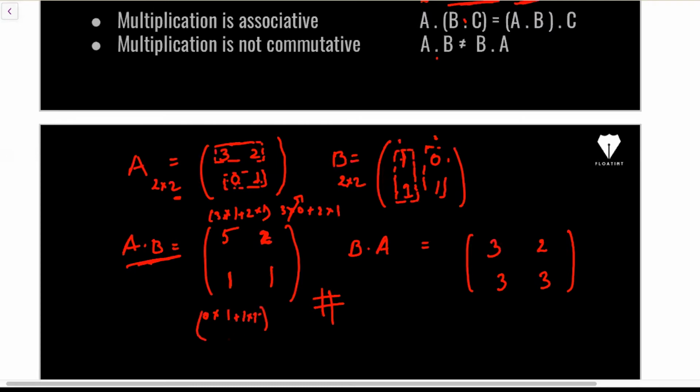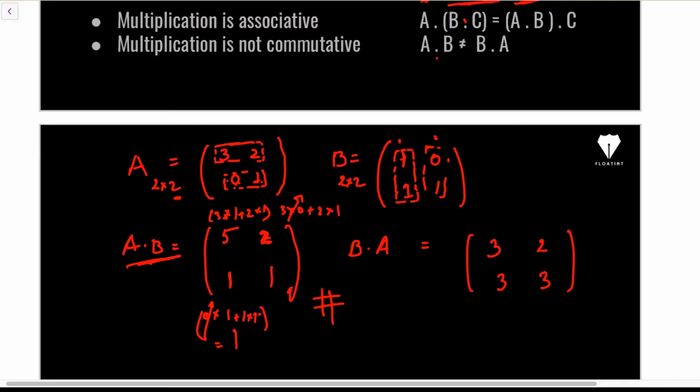Because this is 0, it comes out as 1. Similarly, 0 1 multiplied by the second column: 0 times 0 is 0, and 1 multiplied by 1 comes as 1. So this will be the resultant matrix.